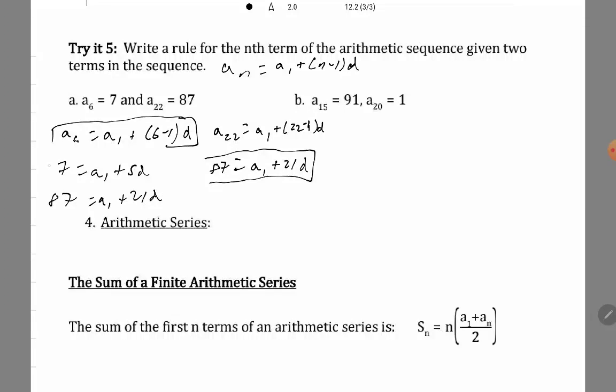What I'm going to do is subtract the equations. I'm going to take equation 1 and subtract equation 2. So 7 minus 87 is negative 80. a1 minus a1 goes away, and I have 5d minus 21d, which is negative 16d. Divide by negative 16, and we get d equals 5.